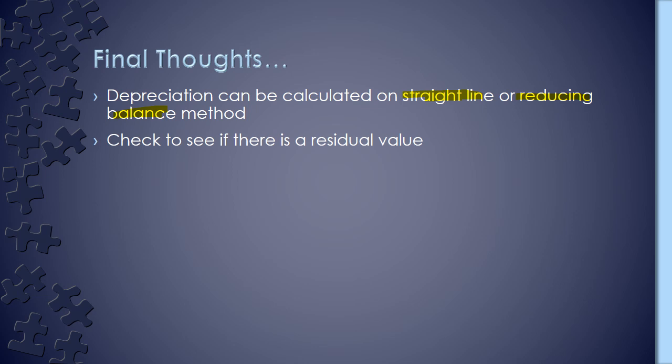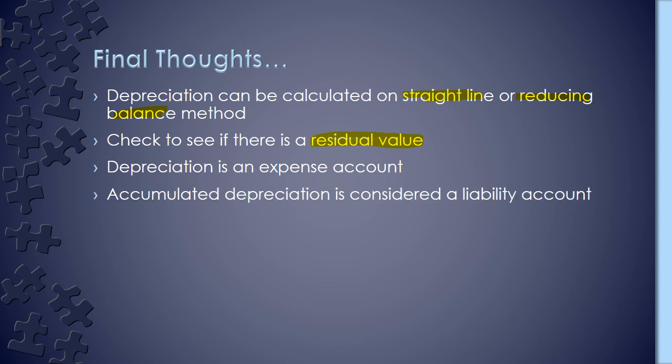Always check your question to see if there's going to be a residual value, and that residual value needs to be taken off the cost of the asset before applying your depreciation. Remember, your depreciation is an expense account when you're applying your debit and credit to your double entry. And your accumulated depreciation is considered a liability account because it reduces the value of your asset in the statement of financial position.